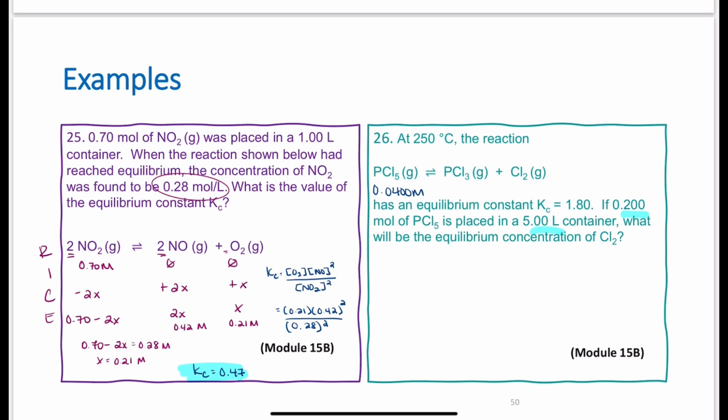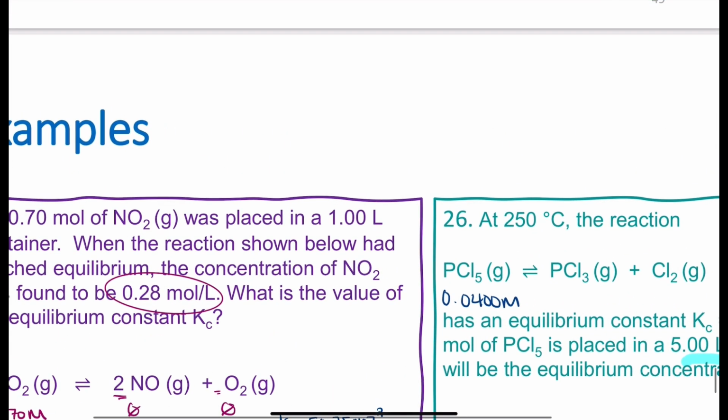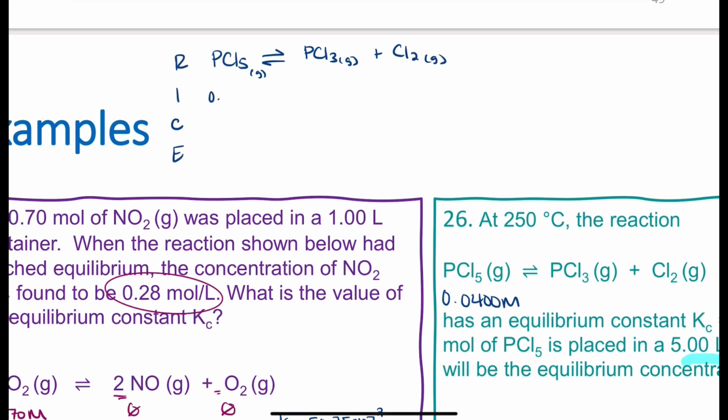I'm not told anything about the other species. I'm going to write the rice chart above. 0.0400 molar, 0 and 0, minus x, plus x, plus x, 0.0400 minus x, and x.